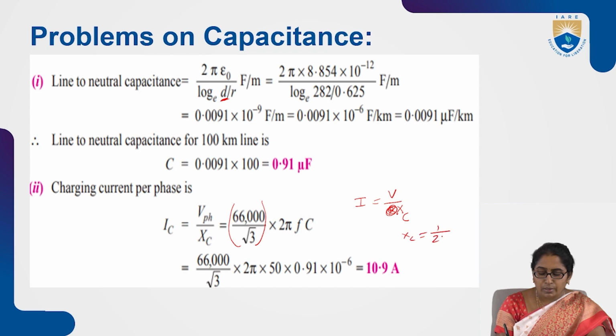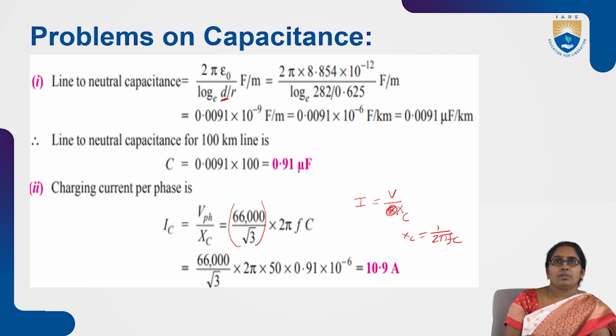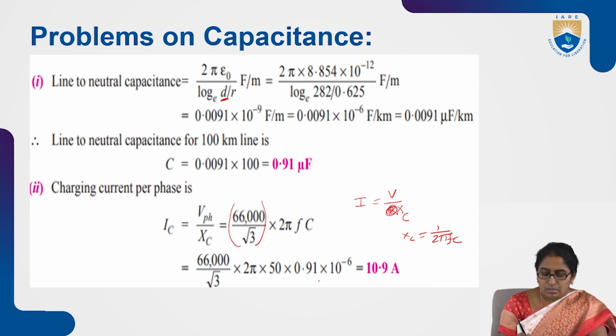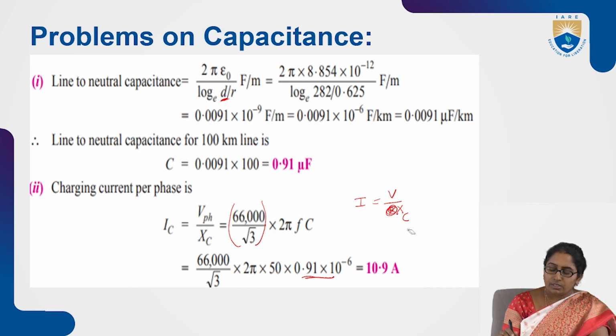XC is 1 by 2 pi FC, so 1 by XC means 2 pi FC multiplied with 66 kV by root 3. Substituting the given operating frequency 50 and the calculated C value, we finally get the charging current 10.9, which is the answer.